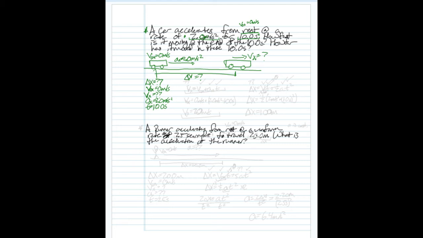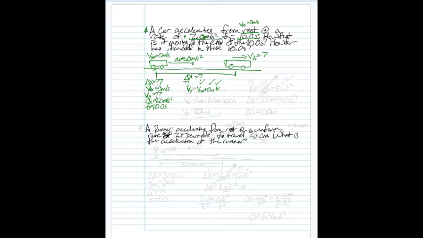Then we're going to look at our equations. When I look at my equations, I see that there is this equation. I know that this is an equation I'm going to want to use because I know what v0x is, I know what acceleration in the x is, and I know what time is. The only thing I don't know is velocity in the x, and that happens to be my first question.